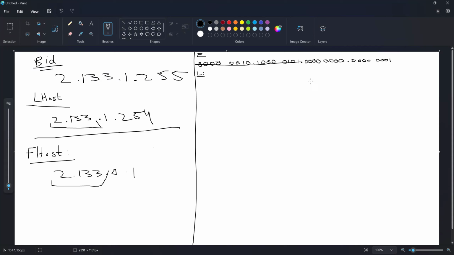And for the last host, I'll write 1, 0, 0, 0, 0, 0, 0, 0, 1, and 254, which is 7 ones and the last one is 0. So you can see that until here it's the same. It starts being different here. So the network mask will be 7 ones, so it will be /7, which is a very weird mask.